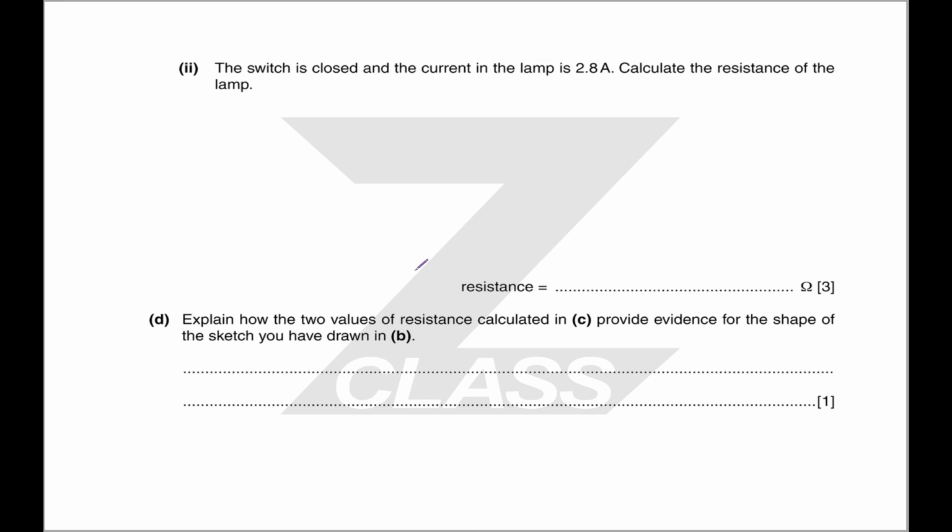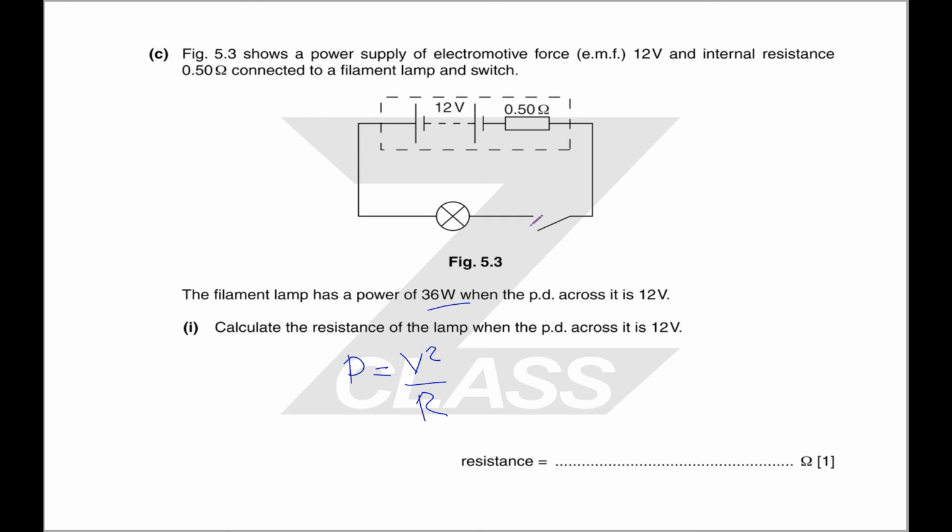The switch is closed and the current in the lamp is 2.8 amps. Calculate the resistance of the lamp. So we have a current I in our circuit. We have 12 volts overall. Our total resistance is the resistance of our lamp plus half an ohm.